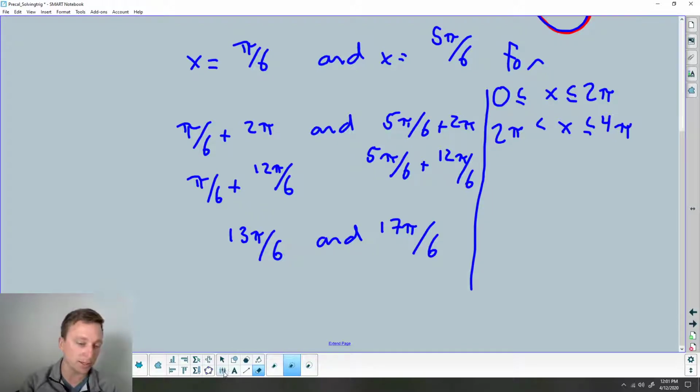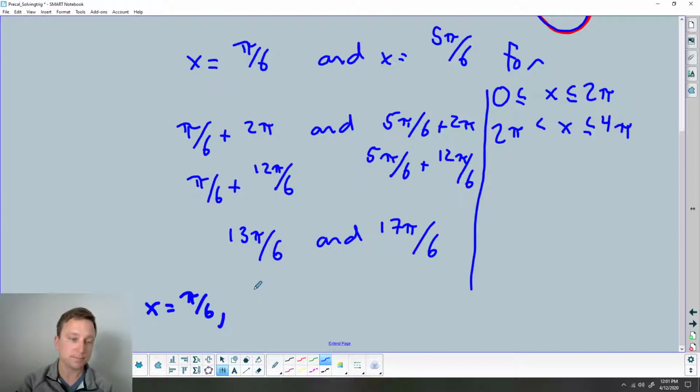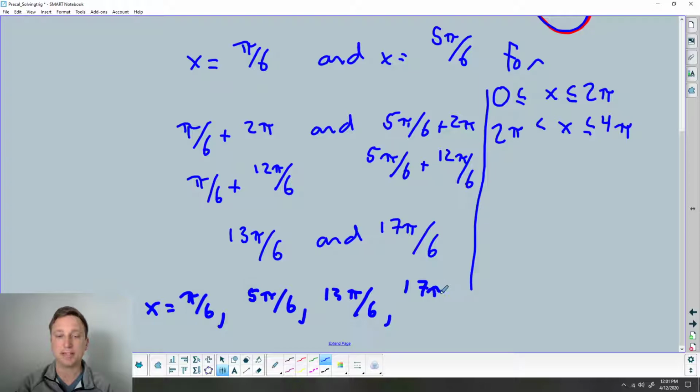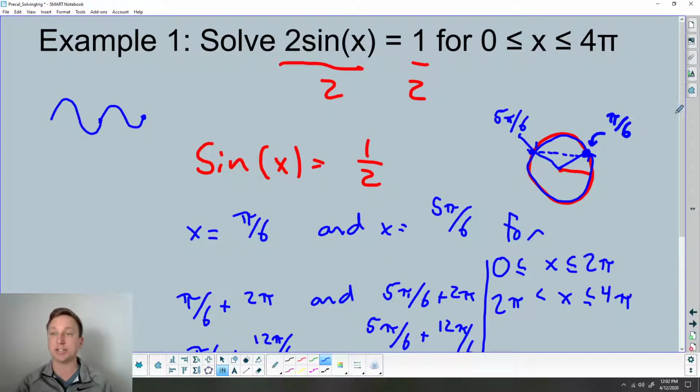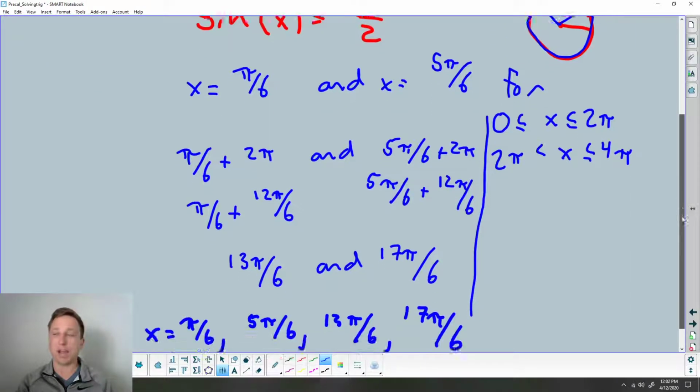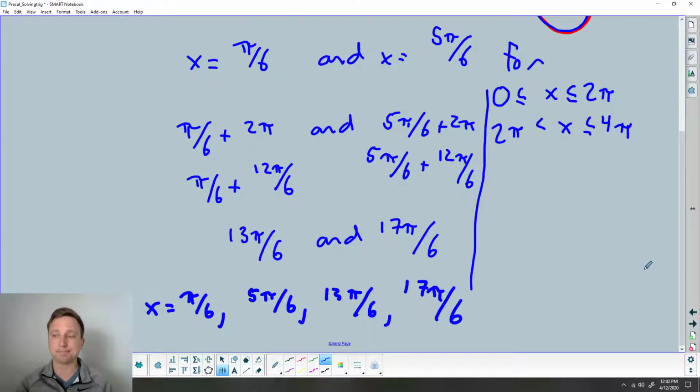And those 4 values, just to put them all in one place, are x equals pi 6ths, 5 pi 6ths, 13 pi 6ths, and 17 pi 6ths. Now, one thing that we could address really quick is you don't just simply look at this and add 4 pi to your answer, because what would happen if we were to add 4 pi to this?